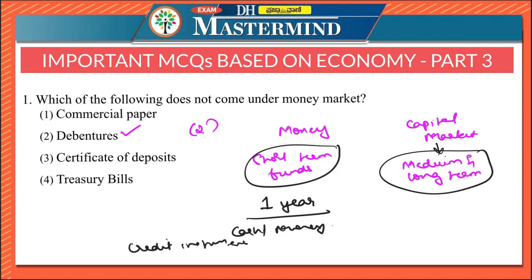Credit instruments such as bills of exchange, promissory notes, commercial papers, certificates of deposits, and treasury bills. Therefore, commercial paper, certificate of deposits, and treasury bills all come under money market.